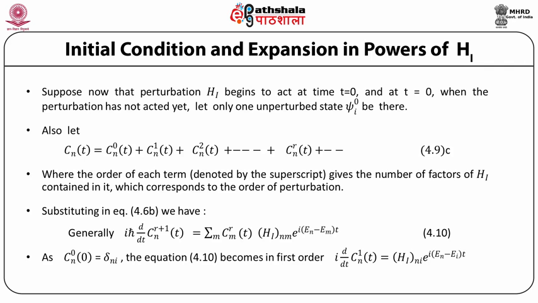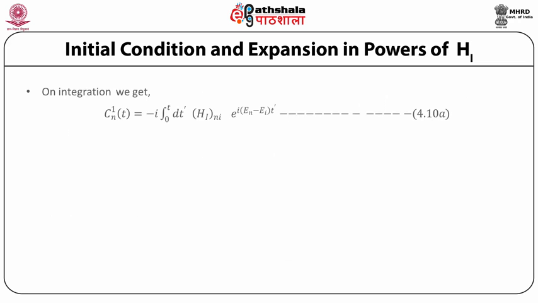As Cn0 is equal to delta ni, that means it is 0 unless n is equal to i, equation 4.10 becomes in first order i d/dt of Cn1(t) is equal to Hi(t) ni into exponential i (En minus Ei) t. On integration, we get Cn1(t) is equal to minus i integrated from 0 to t of dt prime with the matrix element of Hi between n and i and exponential i (En minus Ei) t prime. So this is the first order term Cn1(t).